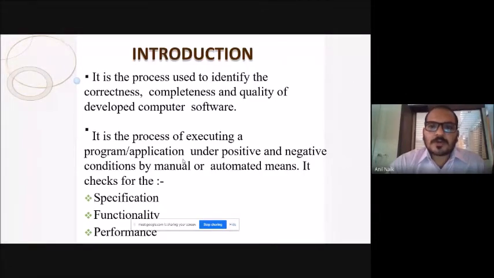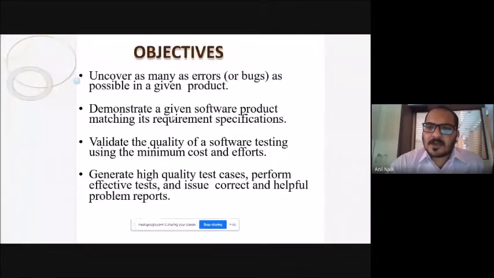What is the objective of software testing? The objective of software testing is to uncover as many errors or bugs as possible in a given product. Demonstrate that a given software product matches its requirement specification.